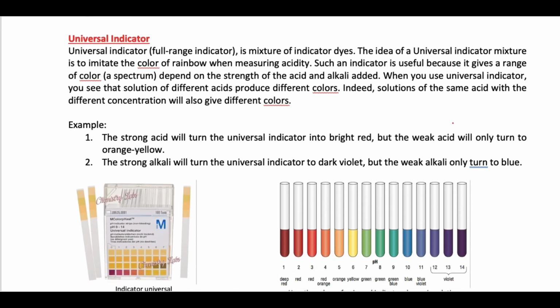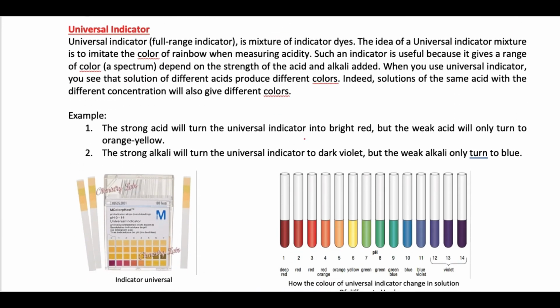Universal indicator. Universal indicator, or full range indicator, is a mixture of indicator dyes. The idea of a universal indicator mixture is to imitate the colors of the rainbow when measuring acidity.